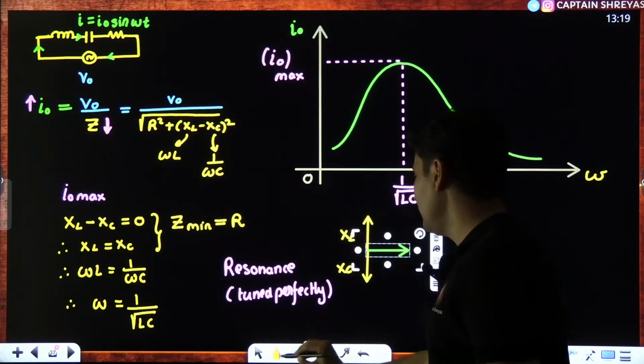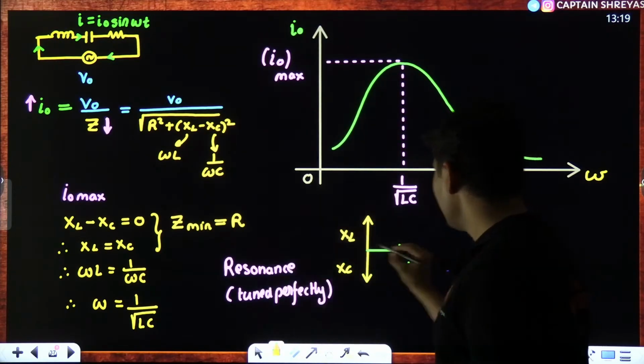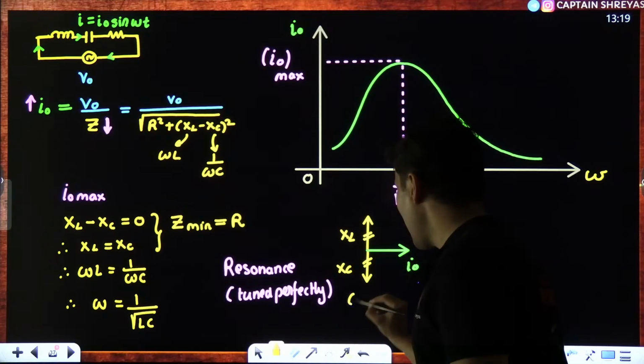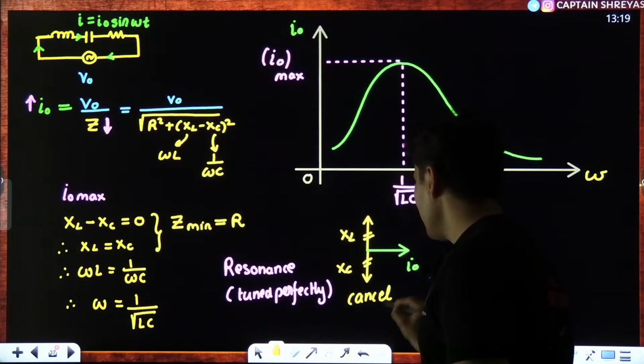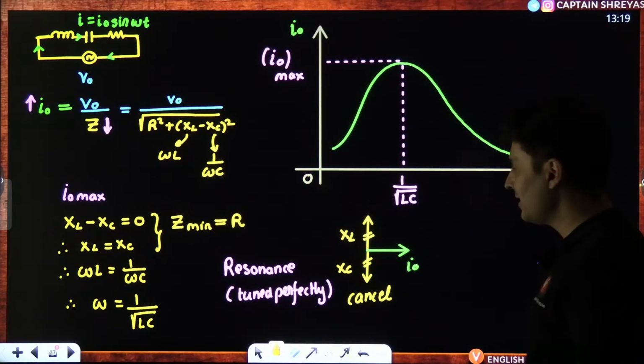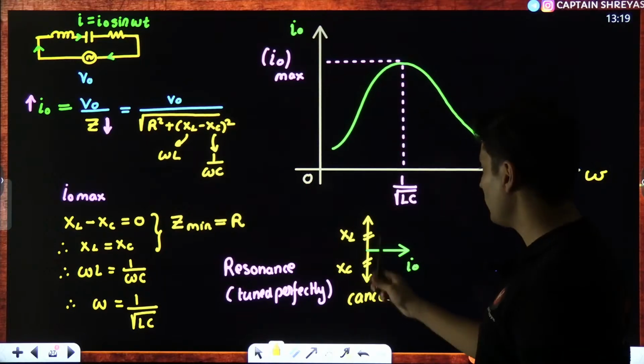This was your current, by the way. This is how your current will be. So basically, they both cancel each other. And because they cancel each other, you will see Z equals the resistance.